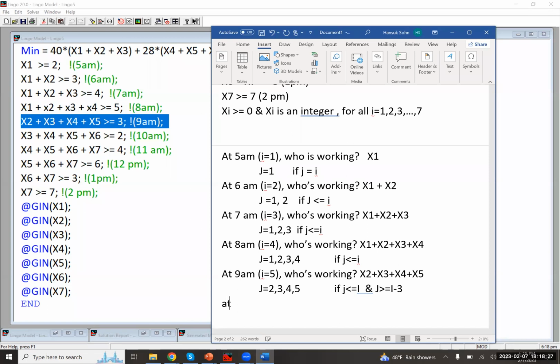Can you still use this condition at 10 a.m.? I equals 6. Who's working? X3, X4, X5, and X6.